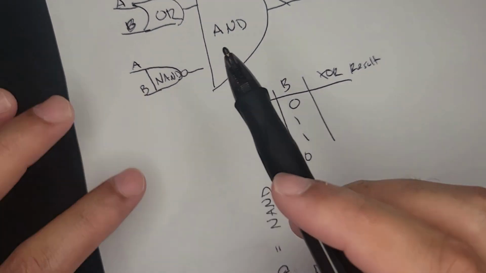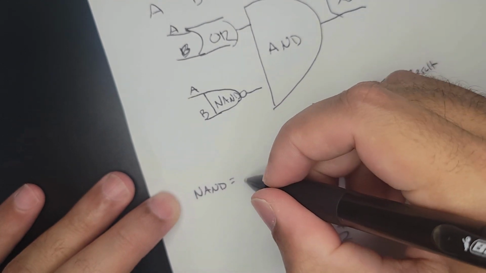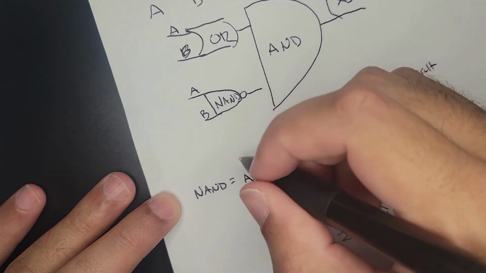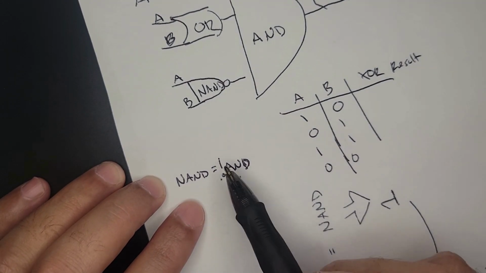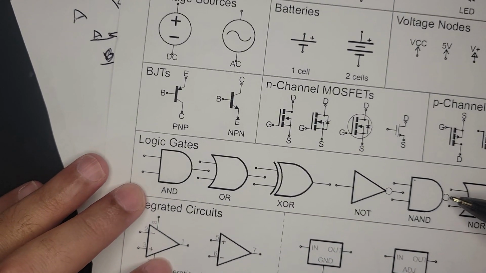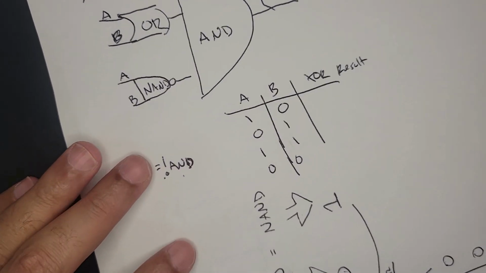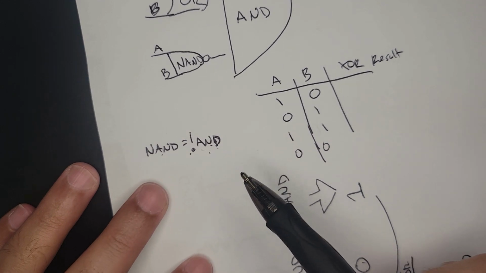And just remember, not AND equals AND that is flipped. And for programming, I would say an exclamation mark. There's probably some other symbol I don't know about besides the circle. So we know that for not AND, we just do the AND and we flip it.